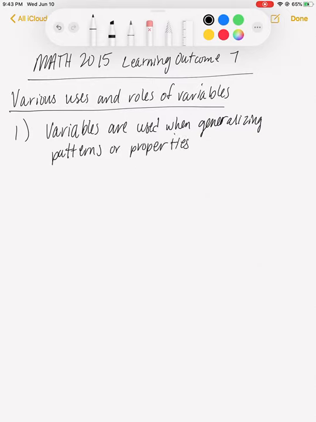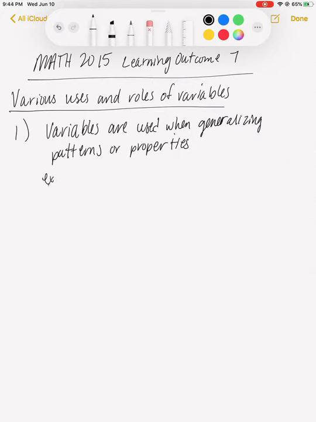One of the big steps from arithmetic to algebra is to generalize properties like the commutative property or the associative property or the distributive property. Behaviors like those in arithmetic can be generalized into those properties. And to indicate that we want to substitute in any number into the structure of these properties, we use variables.